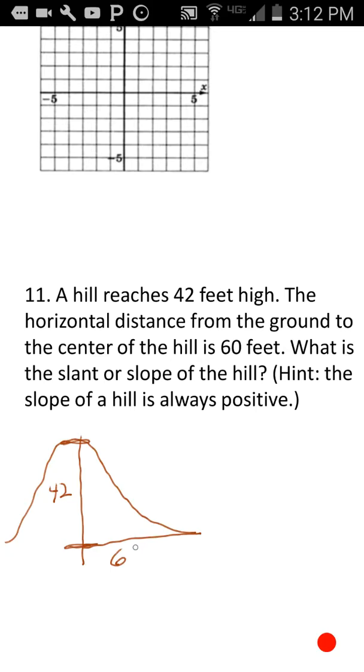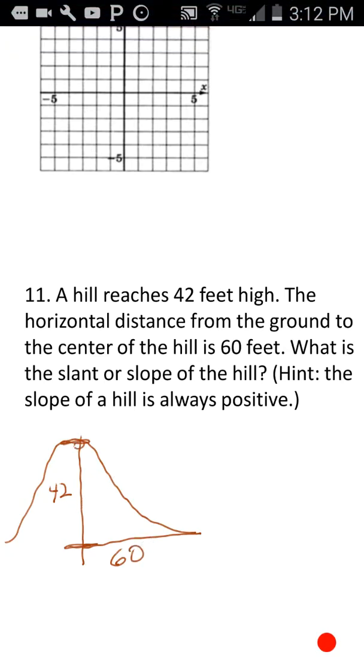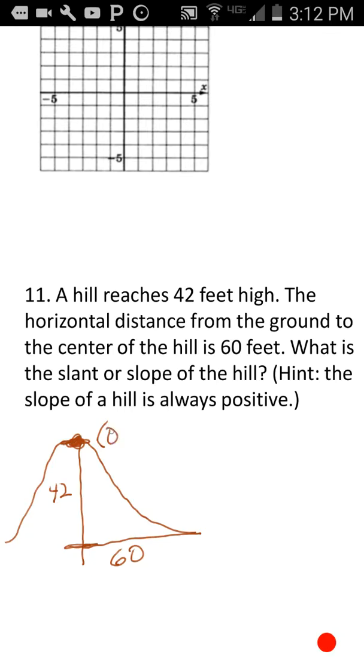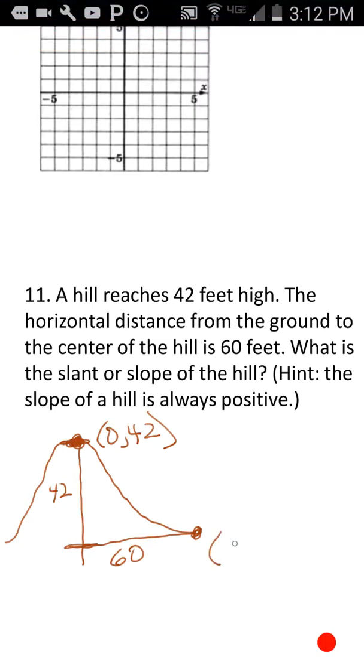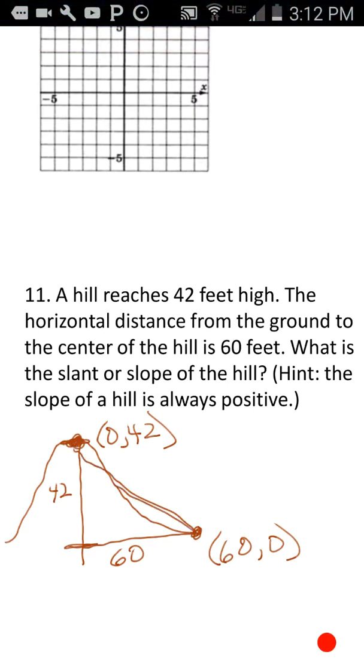So this is 60 feet. So we can look at this like a coordinate plane where this is the y-axis and we would have x equals 0, y equals 42, and this is the x-axis where x equals 60 and y equals 0, and we're pretending this hill goes straight up and down like that.